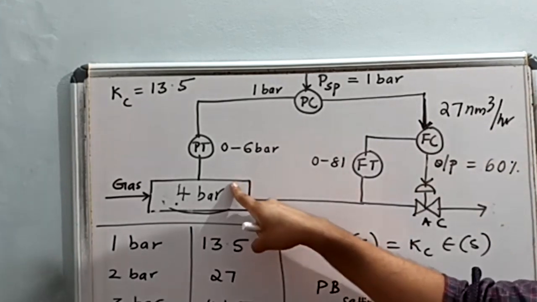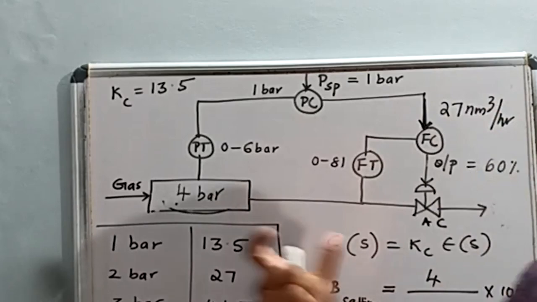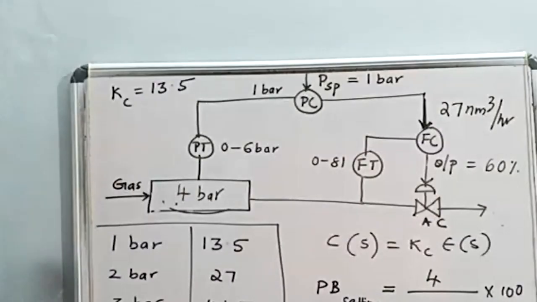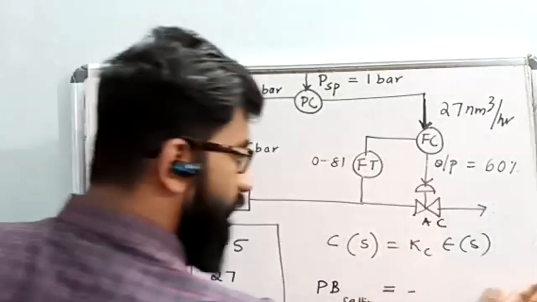At 4 bar, if you want 27, what should be the proportional band setting? Again, very simple.